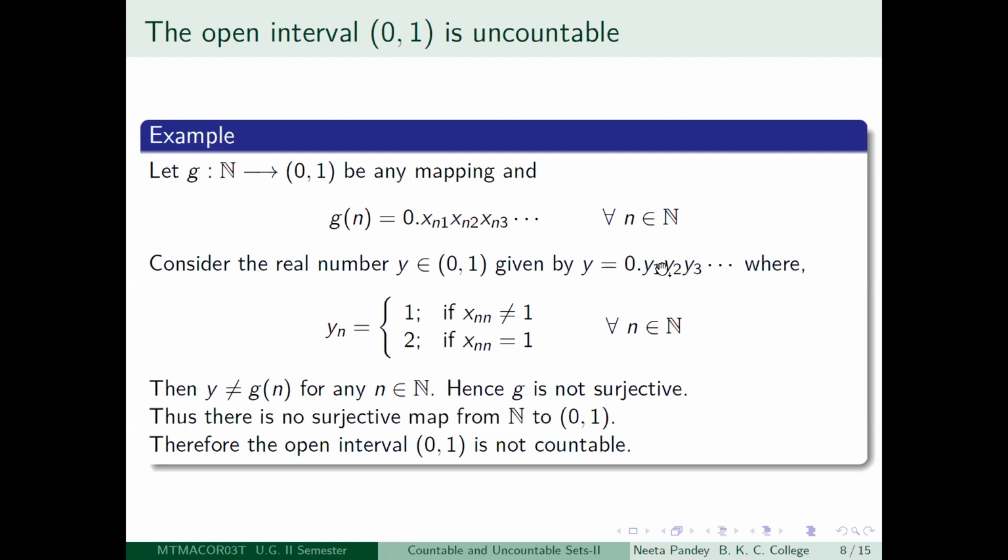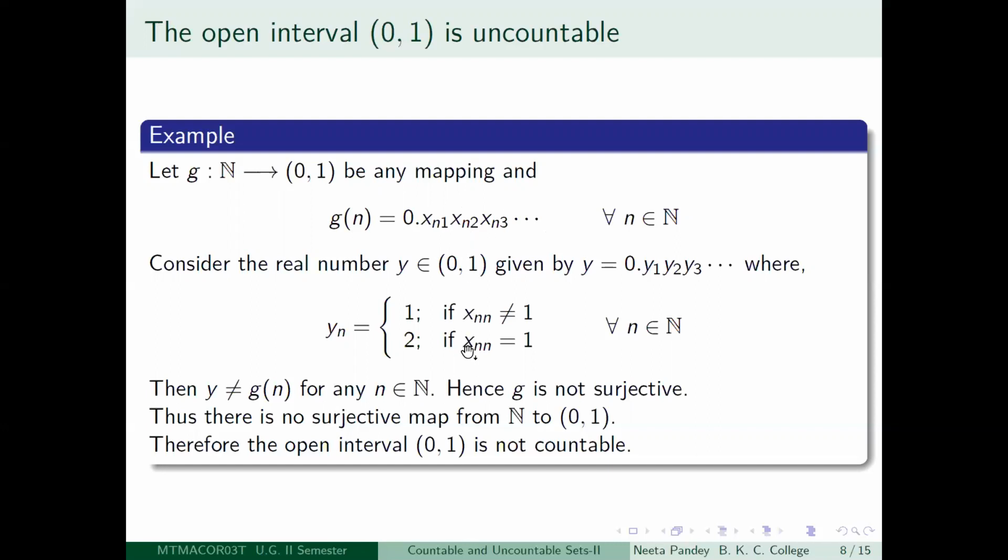Again, what you have done is you have taken the second decimal place y2 such that, if you look at G(2), which is 0.x21, x22, etc., then the second decimal place y2 will not be equal to x22.